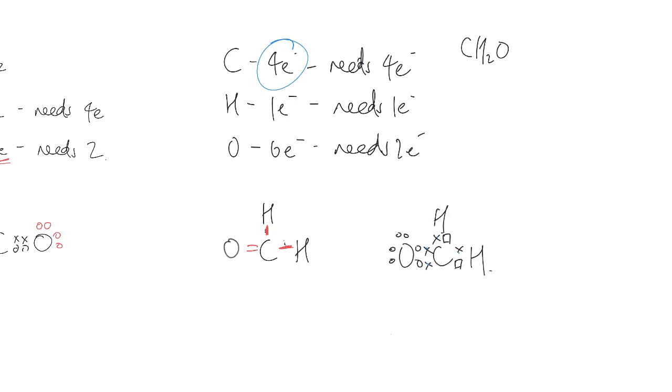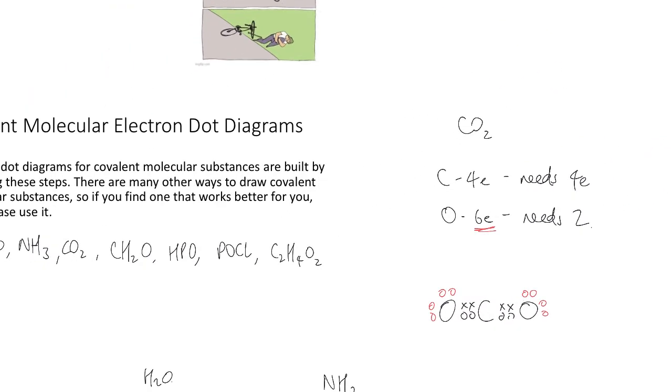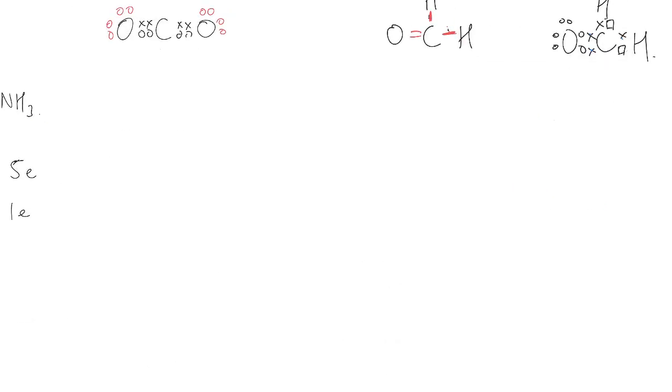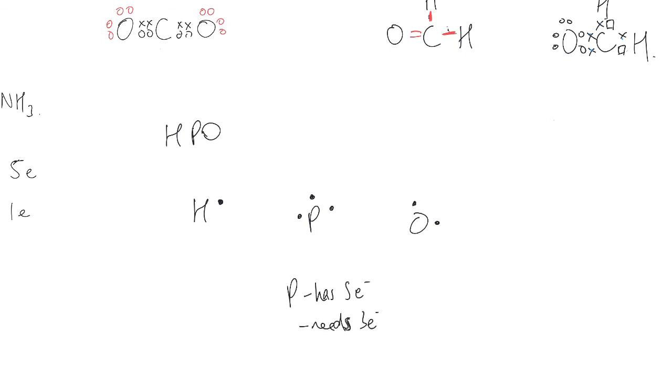All right, let's draw HPO. Okay, HPO. Hydrogen needs 1, phosphorus needs 3 because it has 5 in its outer shell. Oxygen needs 2. Okay, so P has 5 electrons, needs 3 electrons, which is why I've drawn 3 dots there.